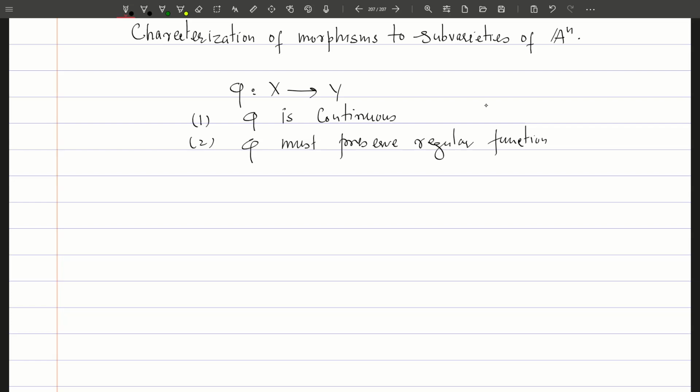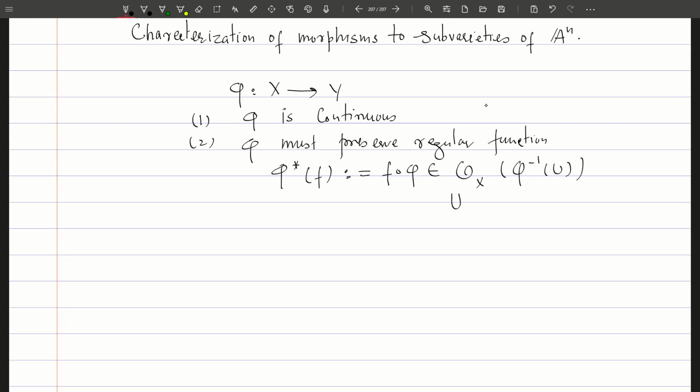That means phi star of f, which is the same as f composite phi, has to be regular on the inverse image of u for any open subset u of y.